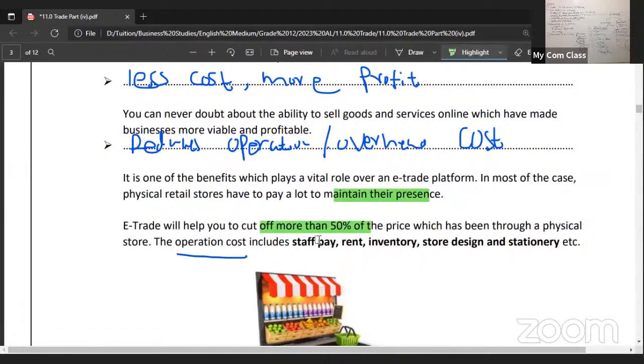The operation includes staff pay, rent, inventory, store design, stationery, electricity, air conditioning, parking, security, cleaning, whatever you name it. So that's all your expenses. Now think of how you relate business studies with accounting, or the profit and loss statement, where expenses are types like selling and distribution, and administration expenses.